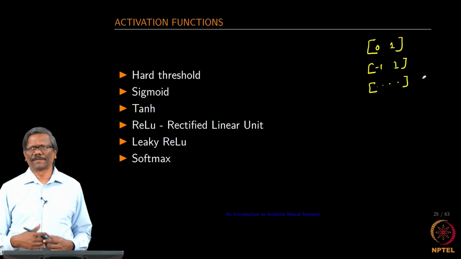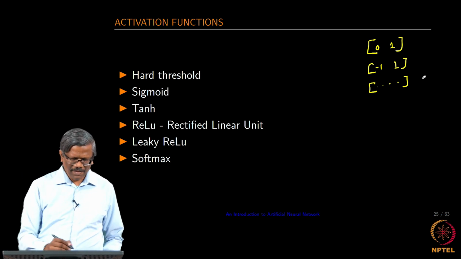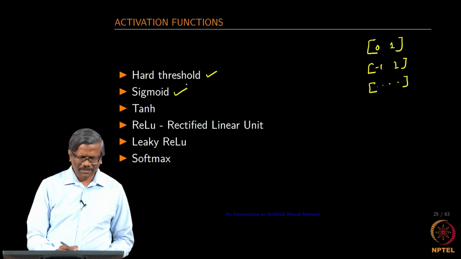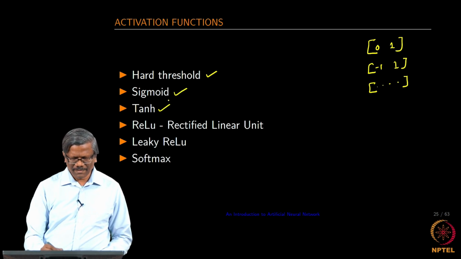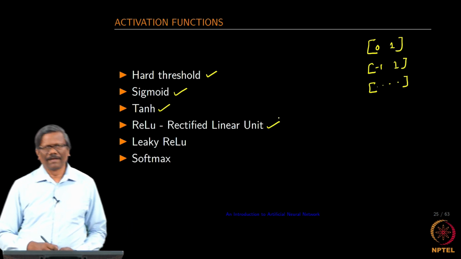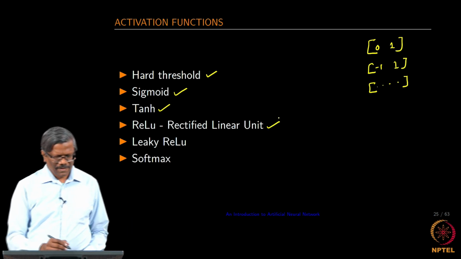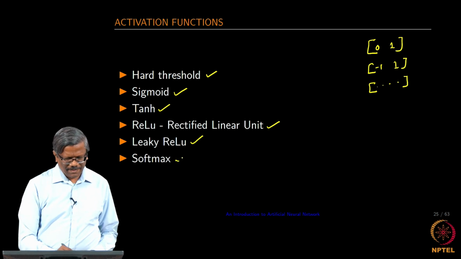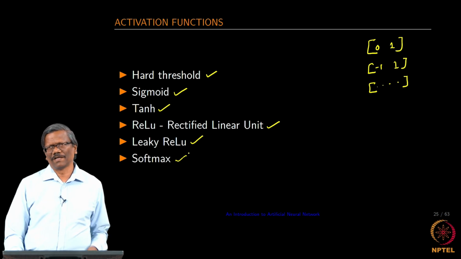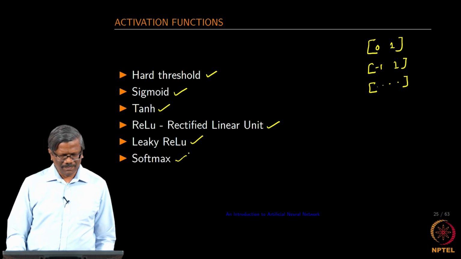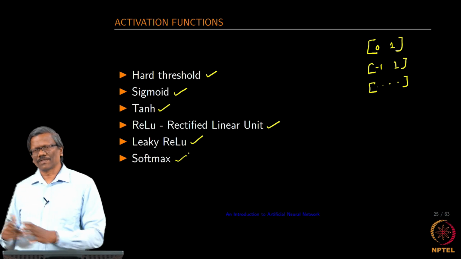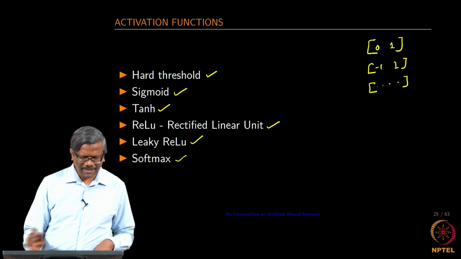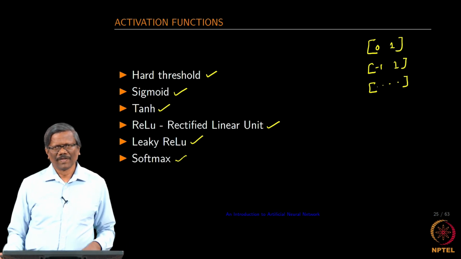There are several types of activation functions. One is the hard threshold, second one is a sigmoid, third is a hyperbolic tangent function, fourth one is a rectified linear unit, and then there is another one called leaky ReLU, and the popular one in the natural language processing world is the softmax, which is usually used at the output layer, and the sigmoid and tanh are usually used in the middle layers.